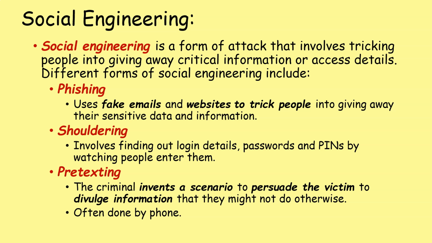Different forms of social engineering include phishing, uses fake emails and websites to trick people into giving away their sensitive data and information. Shouldering, sometimes called shoulder surfing, involves finding out login details, passwords, and PINs by watching people enter them.